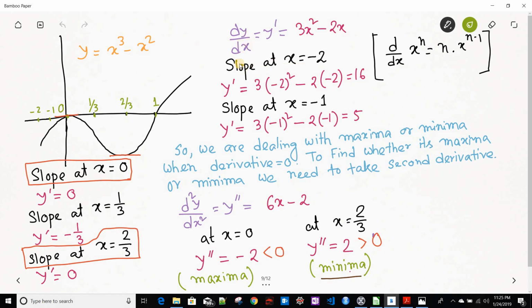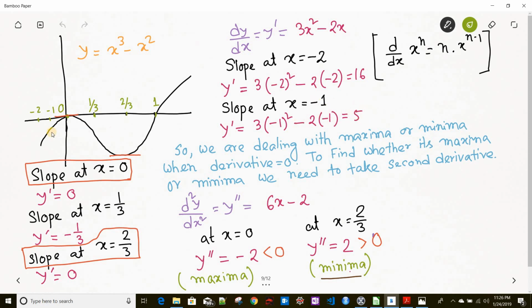So if I take the slope at x equals minus 2, what will be the value? I just need to put x equals minus 2 over here. So this becomes 16. This is a positive number, that means the slope is positive over here, so the curve is going upwards. Let's take the slope at x equals minus 1. There also, the slope is positive.